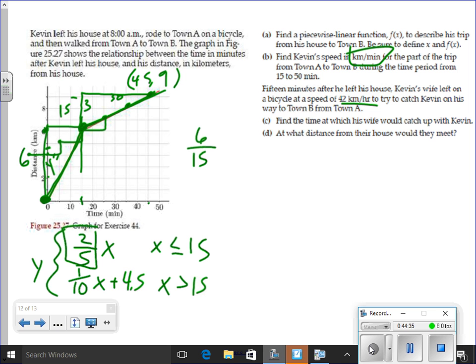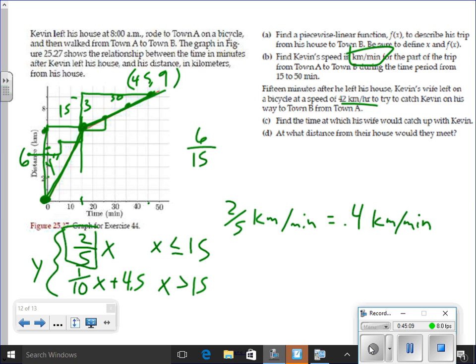So you just say 2/5 of a kilometer per minute. I guess that's the same thing as 4/10, so you can say 0.4 kilometers per minute would be the same thing.